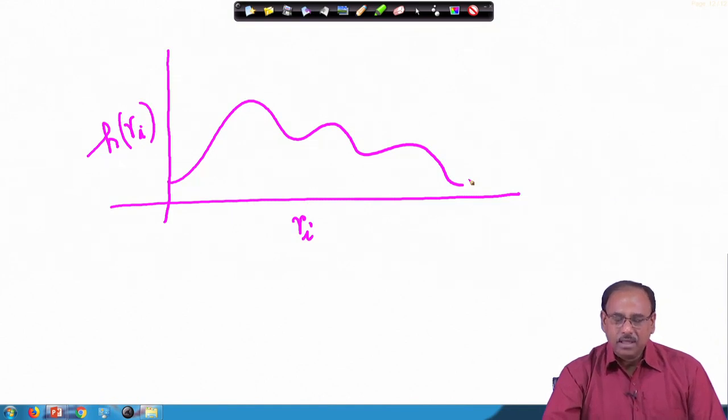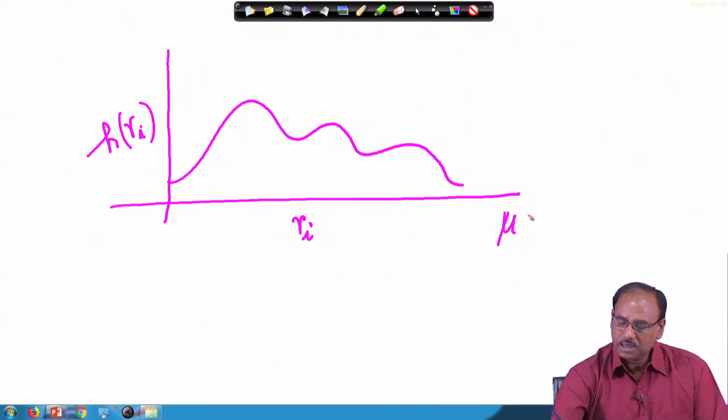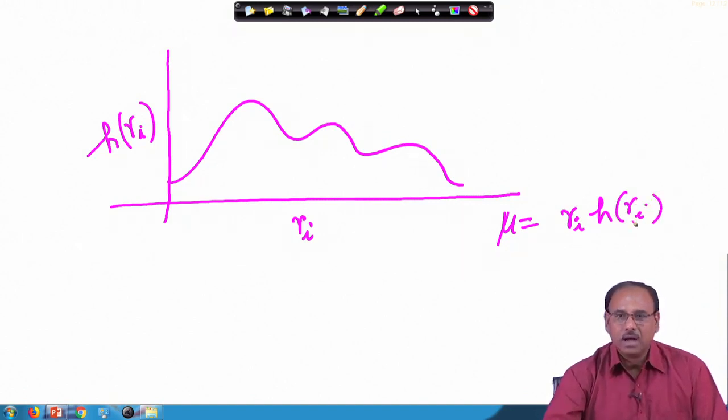So, in that case, this shape information can also be captured through different statistical moments that we have discussed earlier. To capture the different statistical moments, firstly I have to compute mu, the mean of the intensity values, which is the summation over all i of R_I times H(R_I), where H(R_I) is the frequency of occurrence of the intensity value R_I.